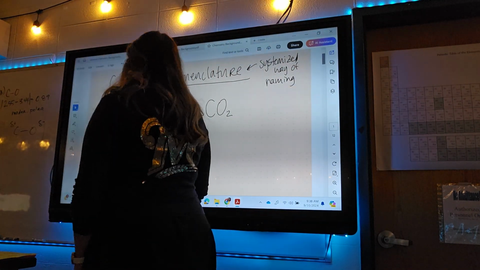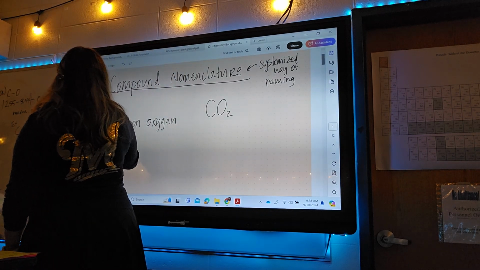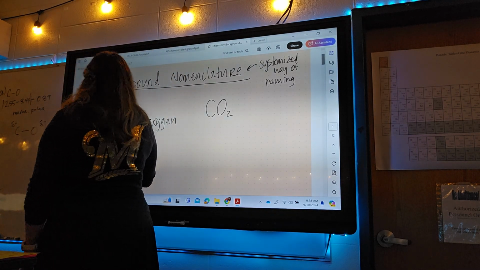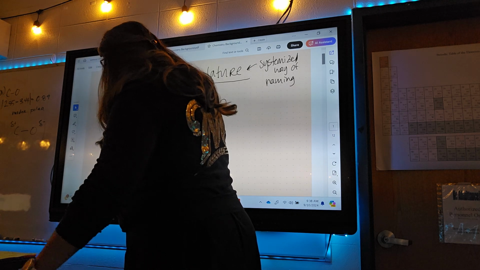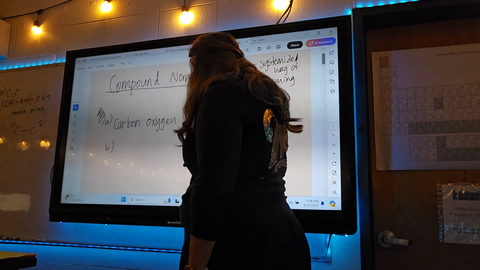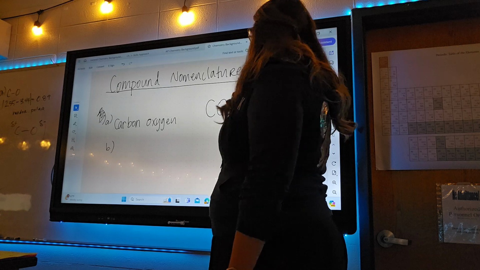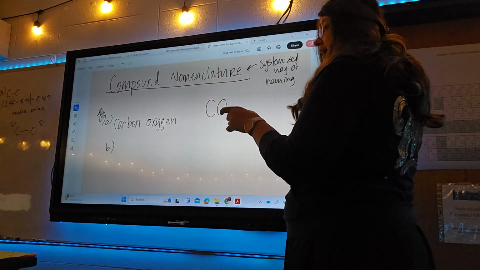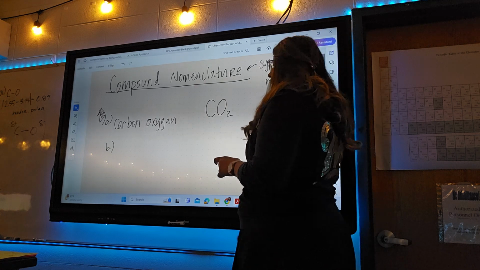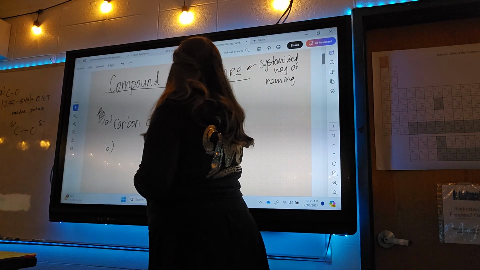Or I guess on your green sheet, that's really step A. Step B says to do something to the second element. It says the second element uses the IDE suffix. So that means that we have to change the name of oxygen from oxygen to oxide.